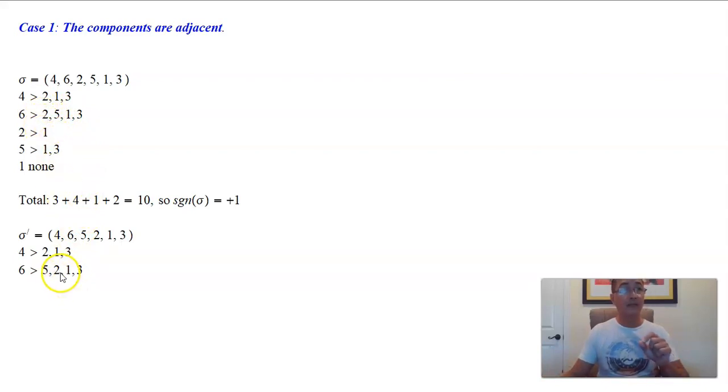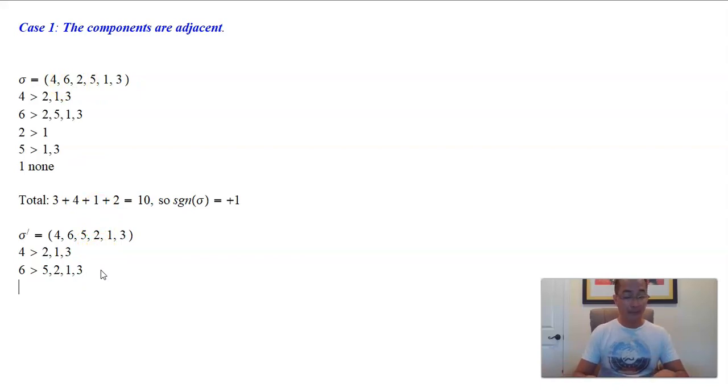Okay. We still have those 4 numbers, not quite in the same order, but they're all there because 2 and 5 switched. 5 was to the right of 6, still to the right of 6. 2 is to the right of 6, still to the right of 6. So nothing changed for 6.